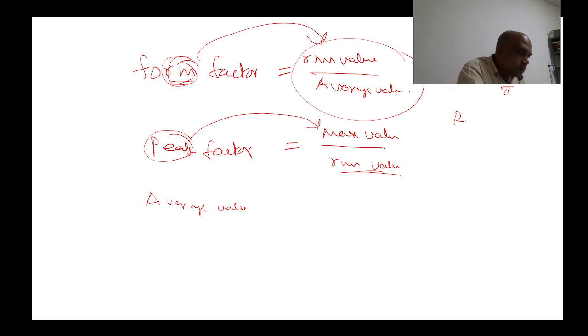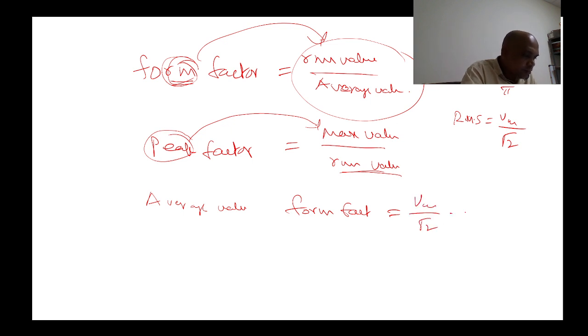The RMS value of a sine wave is Vm by root 2. So what is the form factor? Form factor equals RMS value by average value, which means Vm by root 2 divided by 2 Vm by pi. Vm cancels, giving pi by 2 root 2.